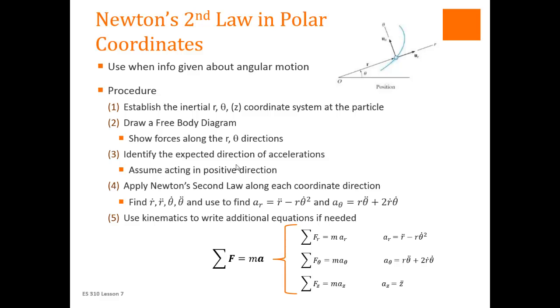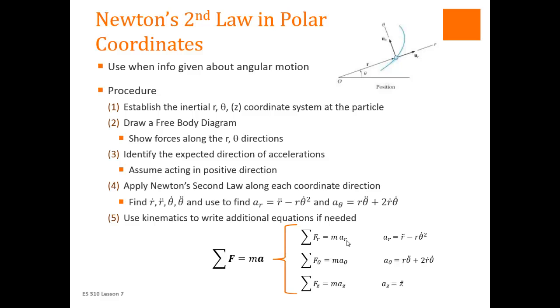We draw our free body diagram, break up all our forces so that they're either in the r, the theta, or the z direction. We identify the direction of our expected accelerations, or we take a guess if we don't know. And we apply our Newton's second law: sum of forces equal to mass times acceleration in that direction.